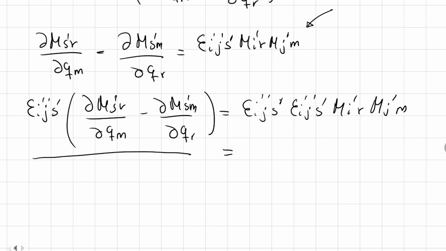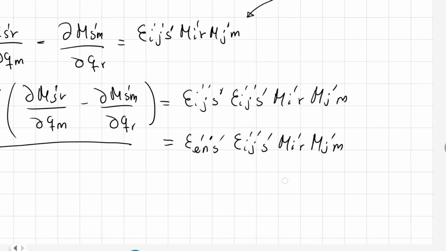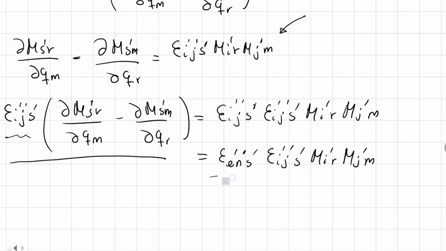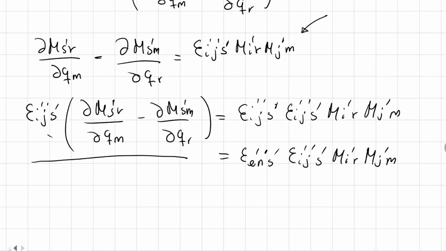Okay, so that means that this Levi-Civita symbol is equivalent to a Levi-Civita symbol here that is for the indices L and S, and then E, I, J, S, M, I, R, M, J, M. Okay, right now this is legal because we are no longer repeating more than twice the same index. But the Levi-Civita symbol is equivalent to this one that we have here, so we are correct. Perfect, and let me cross this because it is wrong.